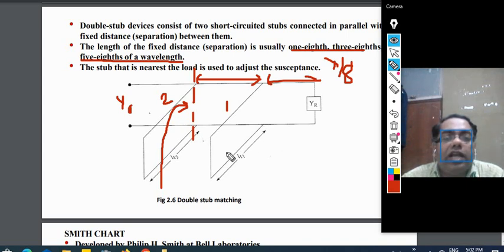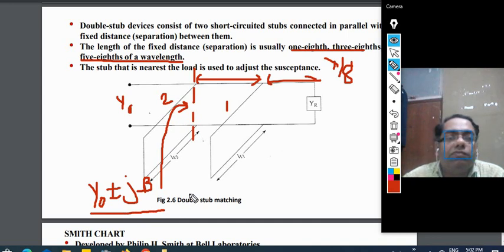So the length we will choose in such a way that at this point the input admittance will be y0 plus minus jb, so that after connecting the second stub, this imaginary part can be tuned out and we get only y0 as the input admittance after the second stub.